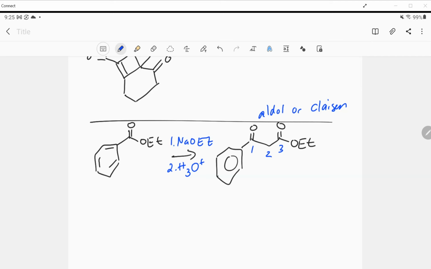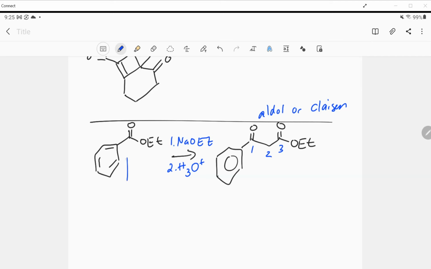So we're missing a part here, right? We will need a source of the carbons as well. So the sodium ethoxide, that's the base, right?